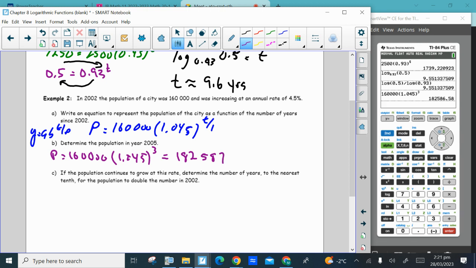Let's round it to 587. I don't think it tells us what to round it to. No, so we'll just round to the nearest person.